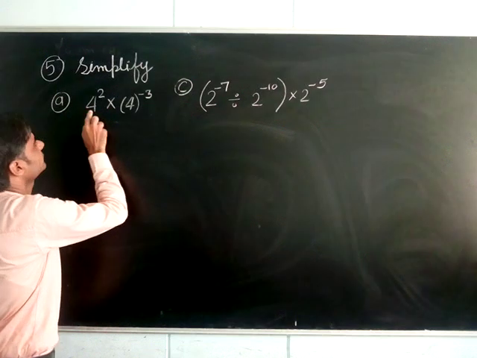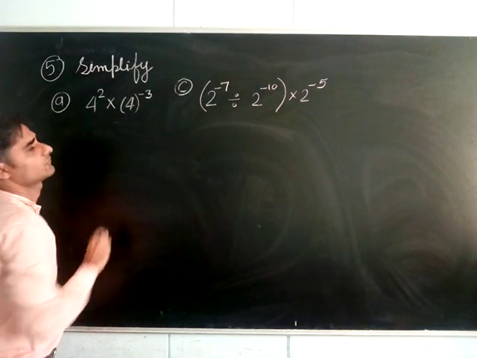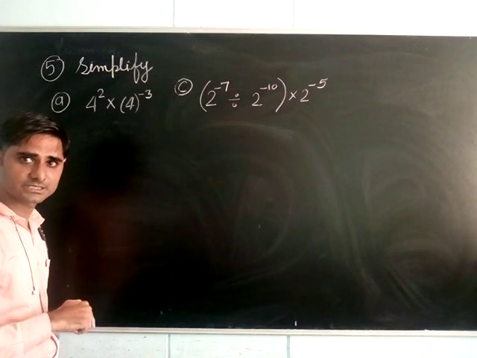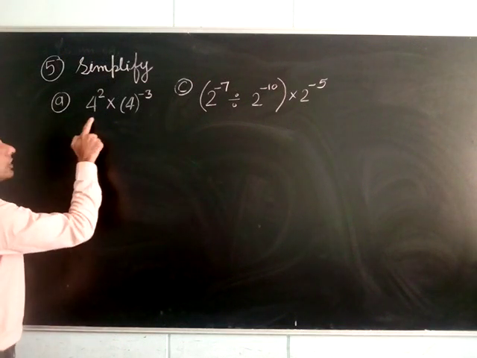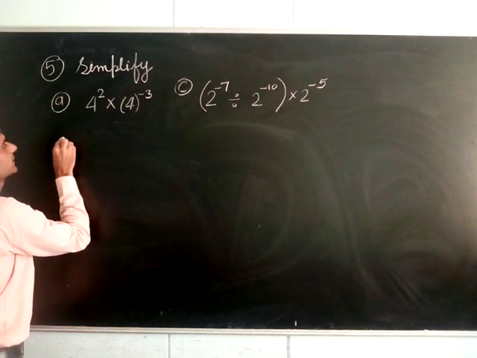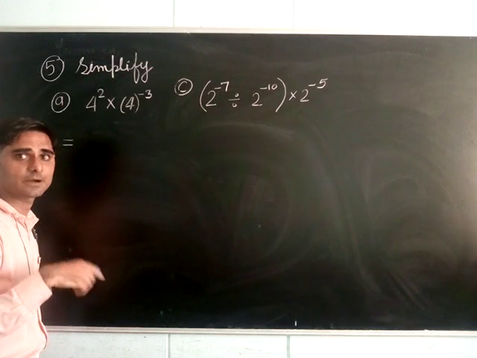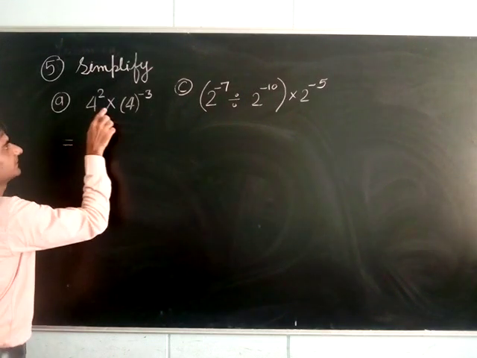A is 4 power 2 multiplied by 4 power minus 3. Can you use the law of exponent here? When you use the law of exponent, see, the bases are the same. If the bases are the same, the powers will be added in multiplication.